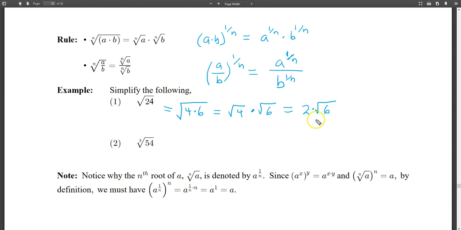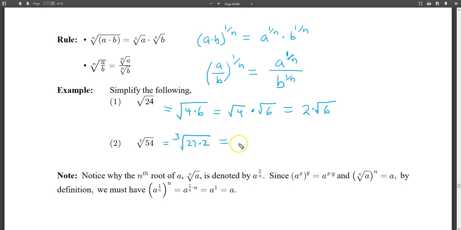You may be correct. Let's look at this one, the cube root of 54. Well, 54 is 27 times 2, right? So that's the cube root of 27 times 2.